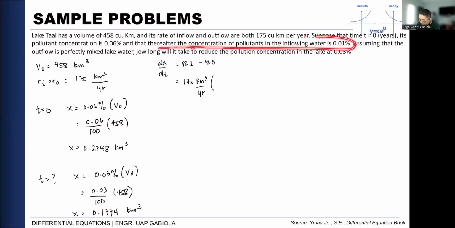In flowing water is 1%. Okay? So 1% siya yung rate natin. So i-express lang natin into decimal. Rate ito, no?